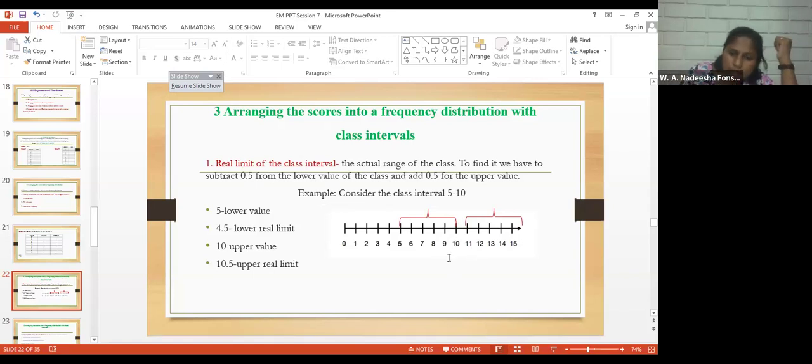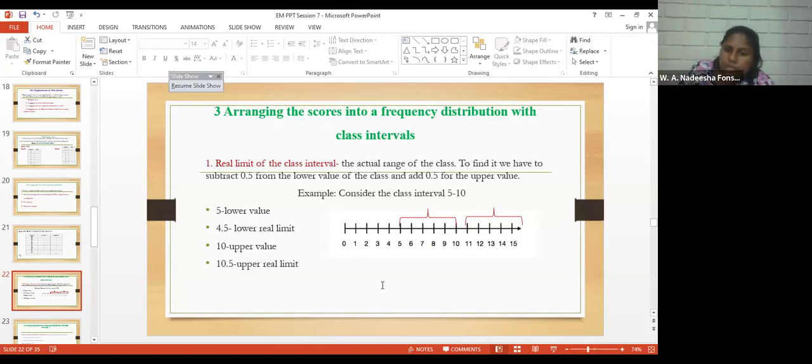By dividing the data into class intervals, we have discrete values, like 0 to 4, 5 to 10, 11 to 16. So there is a gap between one interval and another. In order to bridge that gap, we have to use the real limit.